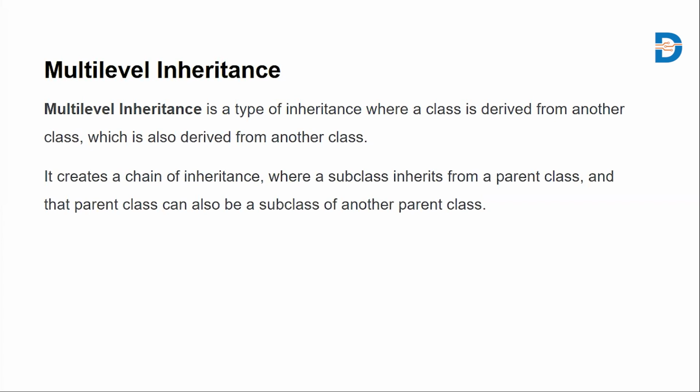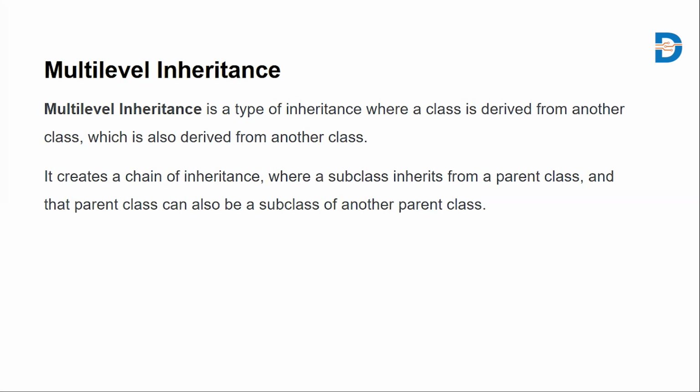What is multi-level inheritance? Multi-level inheritance occurs when a class is derived from a parent class, and that parent class itself is derived from another parent class. It's like a chain. Each class in the chain inherits from the one before it.